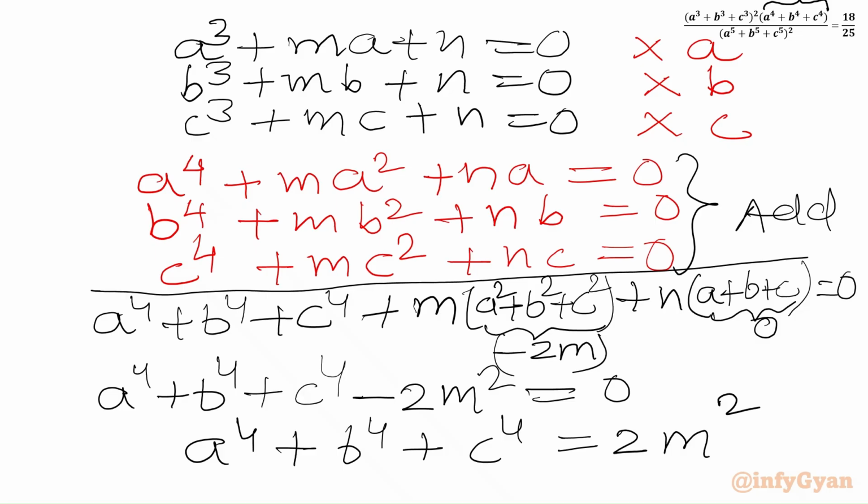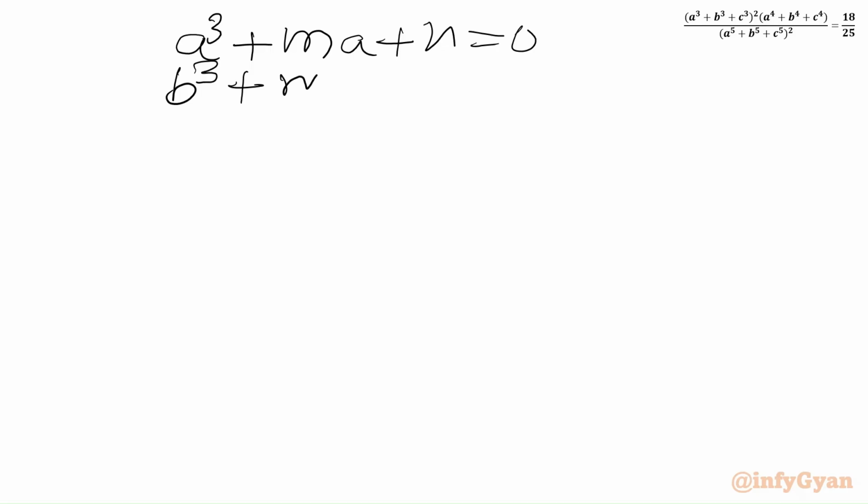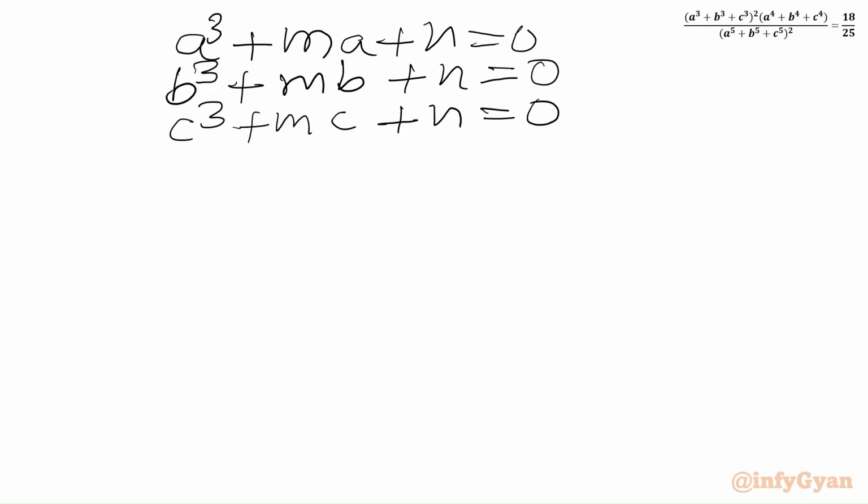Now we have to calculate a power 5 plus b power 5 plus c power 5. So this time I will multiply this equation. First one by a square, second one by b square, third one by c square. Let me write here a cube plus ma plus n equal to 0, b cube plus mb plus n equal to 0, c cube plus m times c plus n equal to 0.